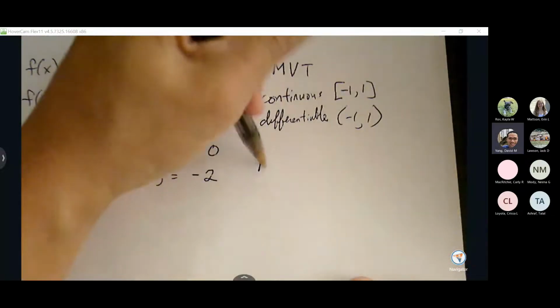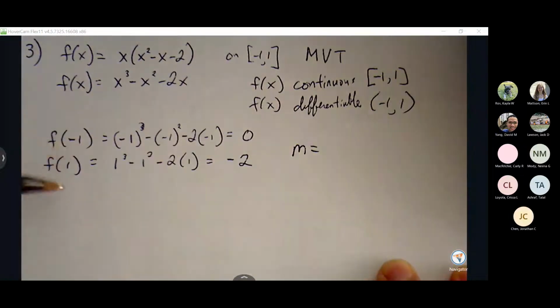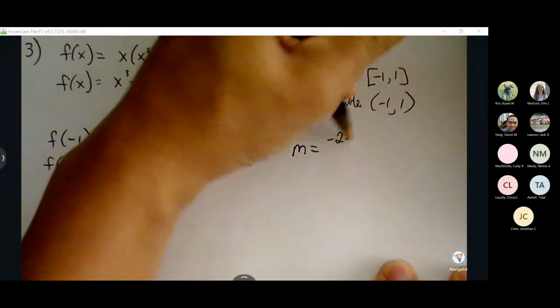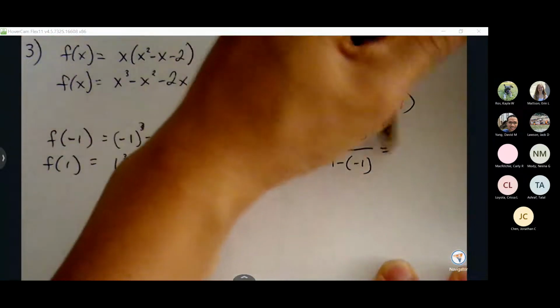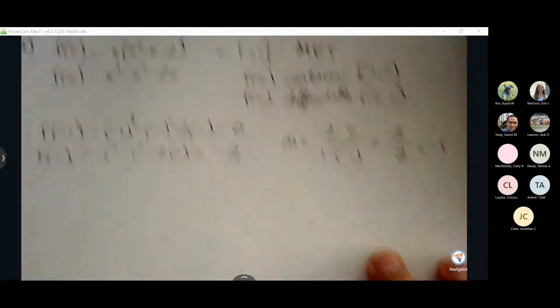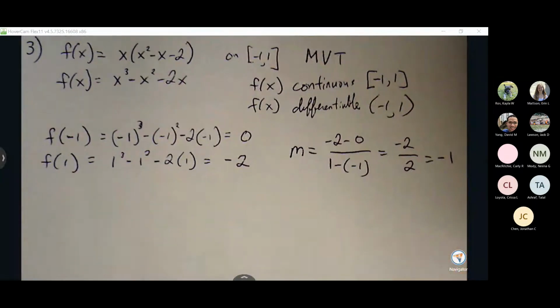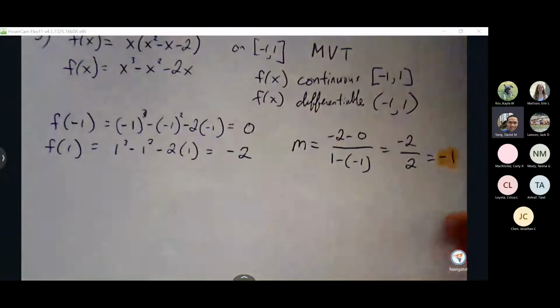Okay, so the slope between the endpoints is change in y over change in x. Okay, we will come back to this. We're going to need that value later. Let's find f prime.